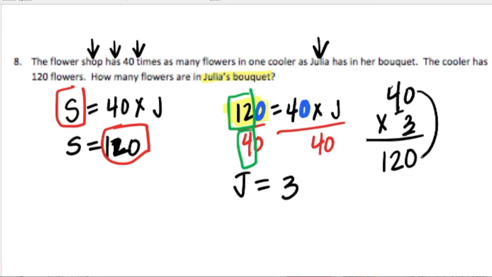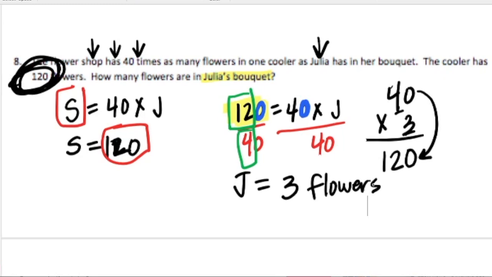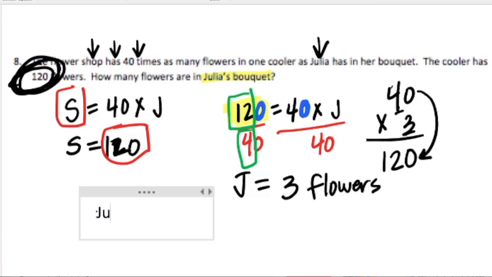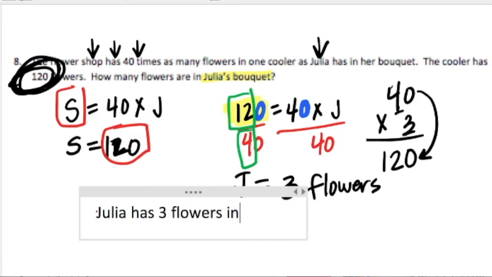See how 40 gives it that zero? That equals 120. That's what the problem said. So Julia has 3 flowers. Let's make that in a statement. She has a very small bouquet. Julia has 3 flowers in her bouquet.